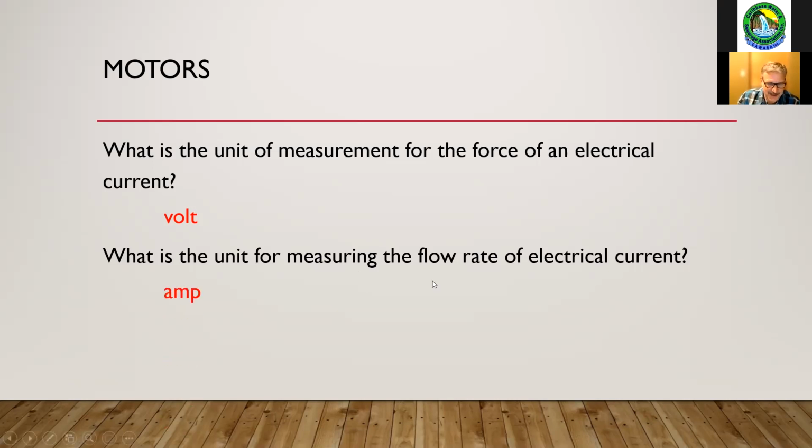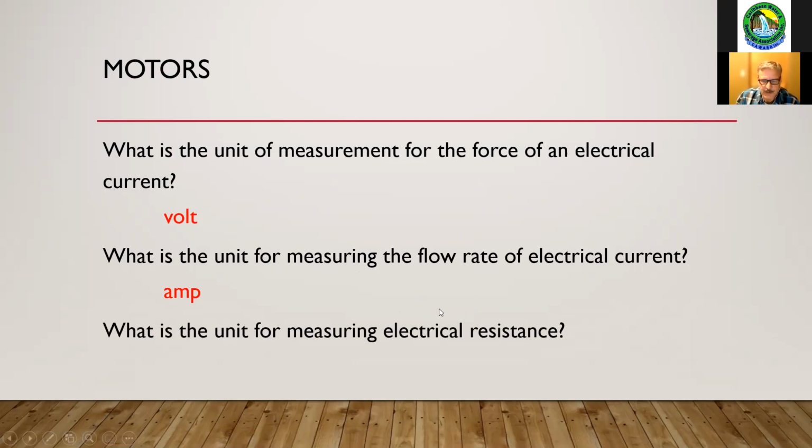Yes, you can say amps now. Just think about those two forces: volts, how much is being forced or pushed down that piece of wire, and the flow rate is amps. So how much power is actually flowing in there.